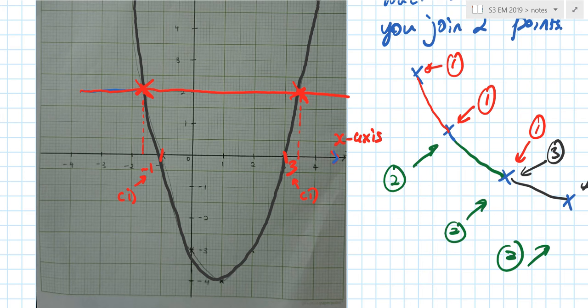This one? 3.3. So this is 3.3. This is negative 1.5. C part 2. Okay, 1.5 is good.